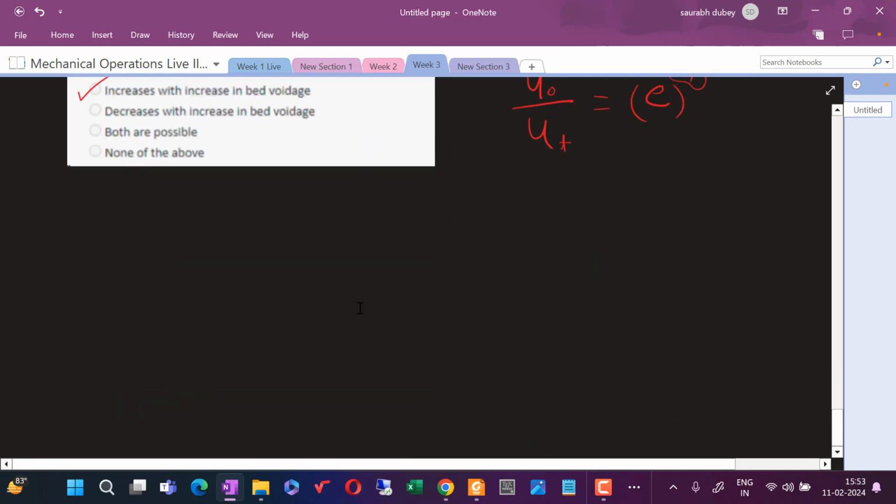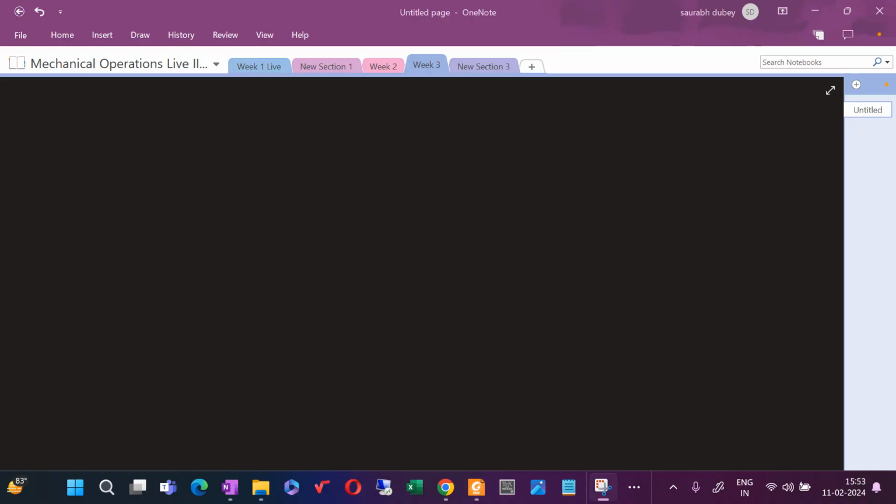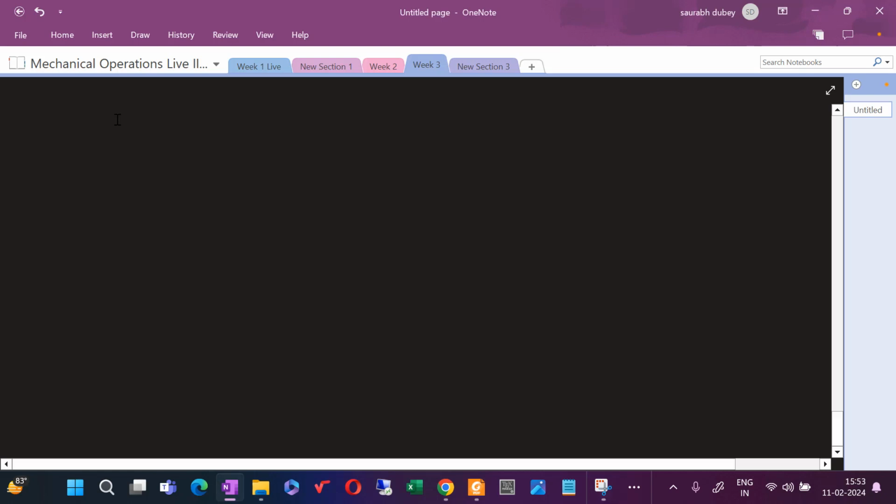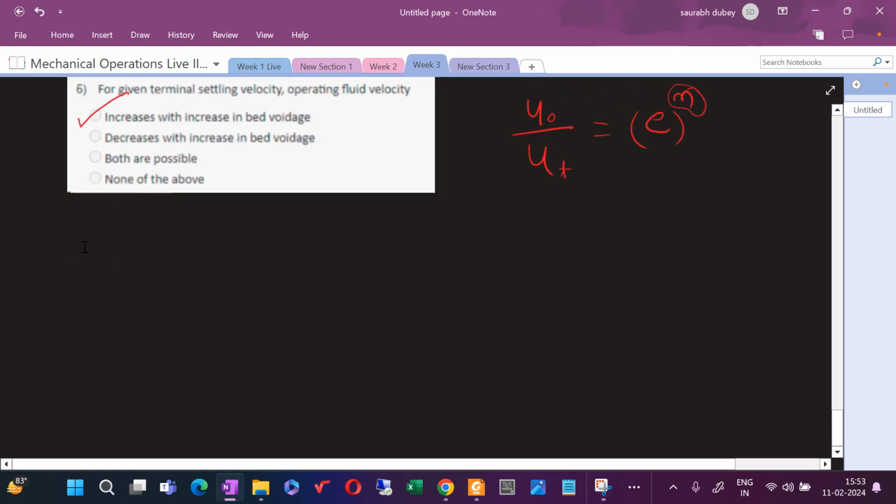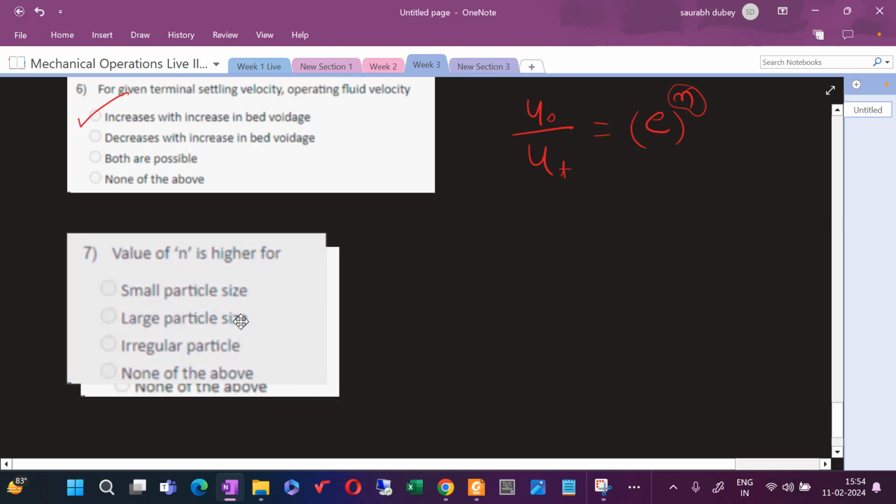Okay, now we will move to the next problem. The next problem is about the value of n, which is one factor that came up. Let's see, try to solve it.